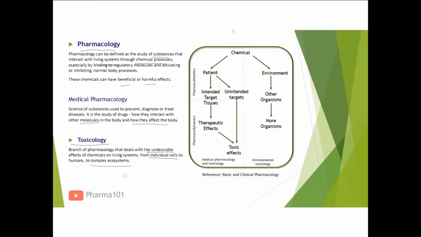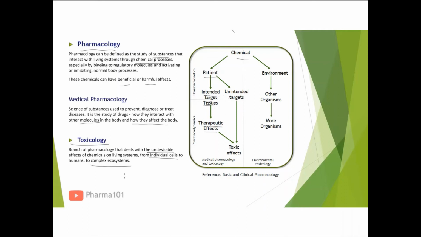Here we have a simple diagram to explain these processes. So when a chemical comes in contact with the patient, or when a chemical is administered in the patient, it goes to its intended target tissues, and when it goes to its intended receptors, it produces its therapeutic effect or beneficial effect.